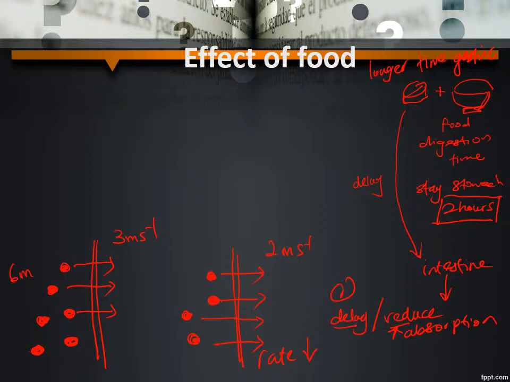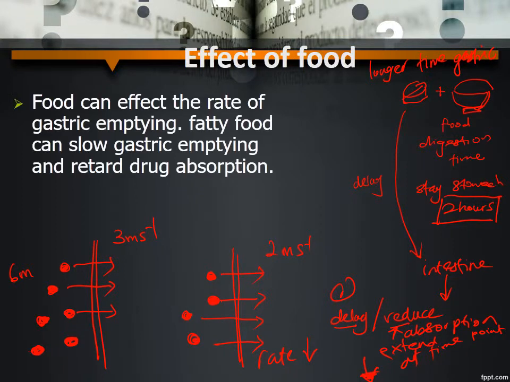If the rate has been reduced, it means the extent of absorption at a time point is actually reduced. So food can affect the rate of gastric emptying. How? It increases the gastric residence time.